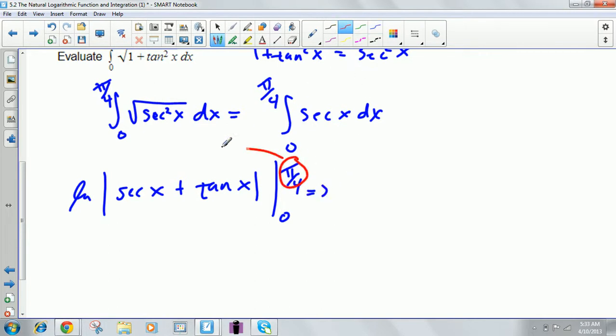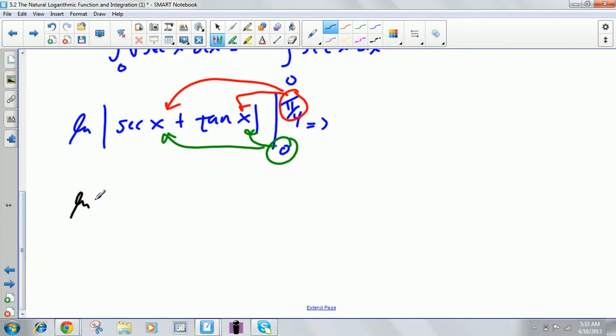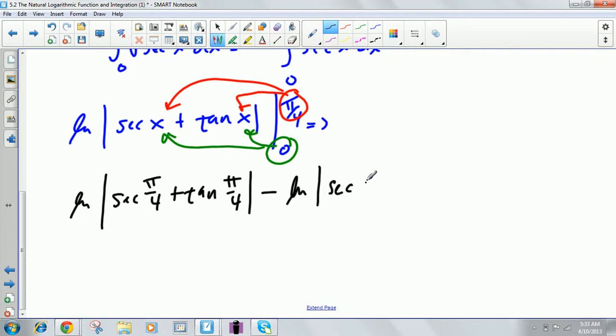So here's your upper limit, and then minus what you get when you plug in your lower limit. When we plug your upper limit in, it's the natural log of the secant of pi over 4 plus the tangent of pi over 4, minus your lower limit, which is the natural log of the secant of 0 plus the tangent of 0.